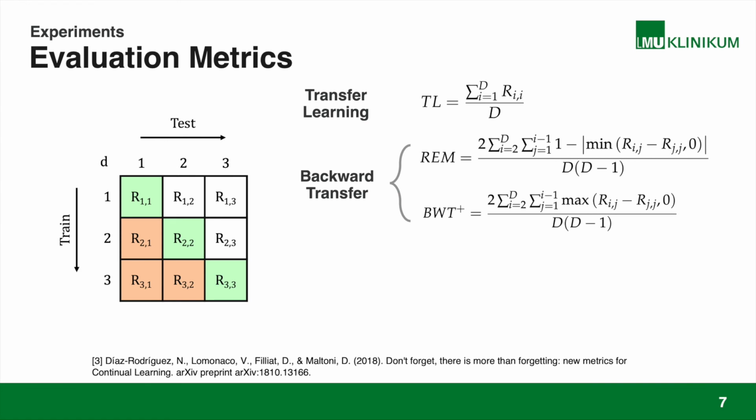Remembering measures the stability of the network, meaning the ability of the network to retain its knowledge, so this metric assesses the effect of a continual learning method on catastrophic forgetting. Positive backward transfer measures the improvement of the network on old domains after learning a new domain and is generally very hard to achieve.